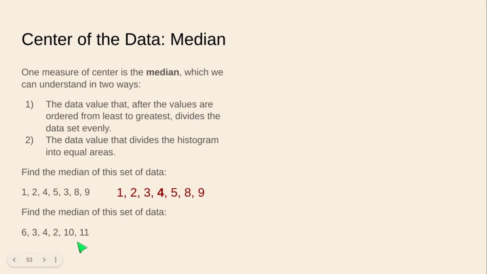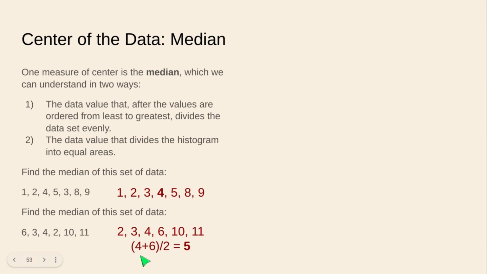My next set of data has an interesting little feature. My first set had an odd number of values. There are 7. But this set has an even number of values. There are 6. So again, I have to put them in size order here. I start with 2 going all the way up to 11. And then I see that I have 2 values in the middle, this 4 and this 6. They're both occupying the middle spot.